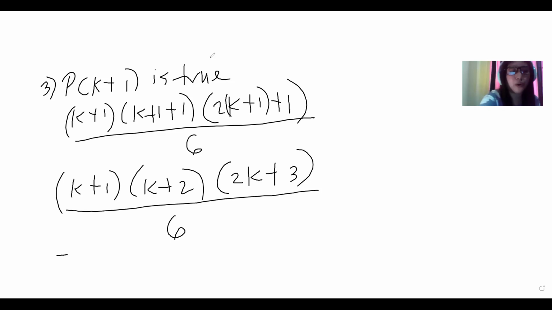Take note of this, because the next thing that we have to do is to show that the result when we substitute P sub k plus 1 is the same as when we extend our given by adding k plus 1 squared to both sides of our equation. Okay, let us consider step number 4.